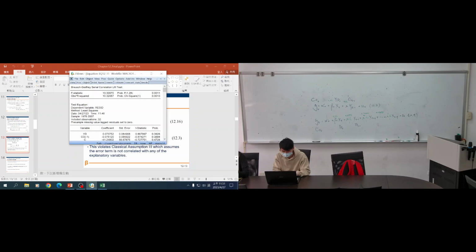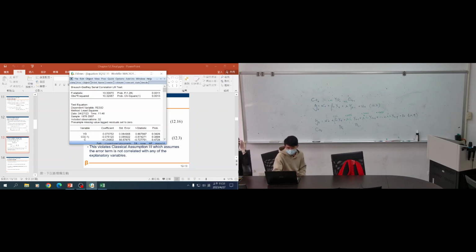In other words, if theoretically the lag is only a few, then to avoid serial correlation problems, we estimate using a distributed lag model instead of a dynamic model. This is the first suggestion.